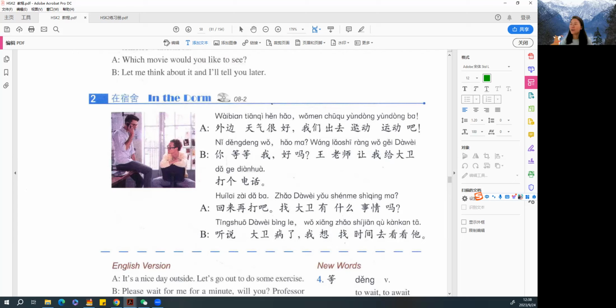And it's quite fun that 运动 means to do some sport. If you duplicate it, if you say it twice, it's said in a cute way. So it's totally fine to say, 啊，外面天气很好，我们出去运动吧.